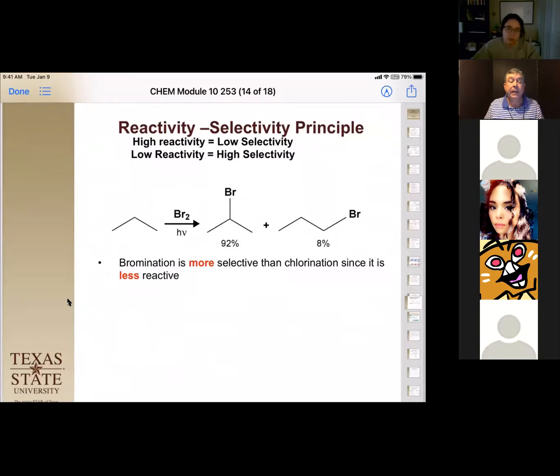If you have low reactivity, you're going to have a higher selectivity because you're going to have a bigger difference in that transition state going from a primary or a secondary. Okay. Which means that bromine is much, much more selective at giving you that more stable radical, and you're going to get that in a specific location, unlike fluorine, which is going to give the opposite product ratio.